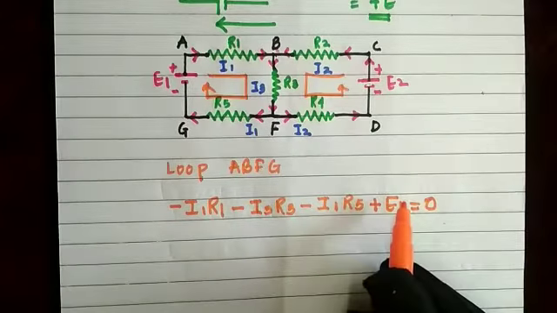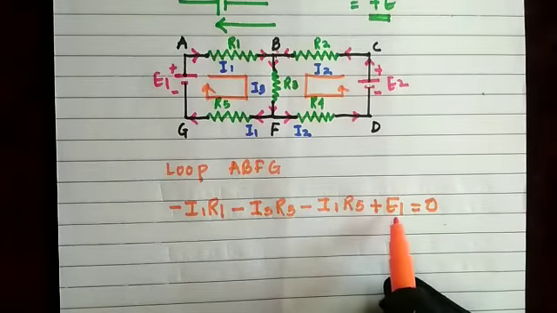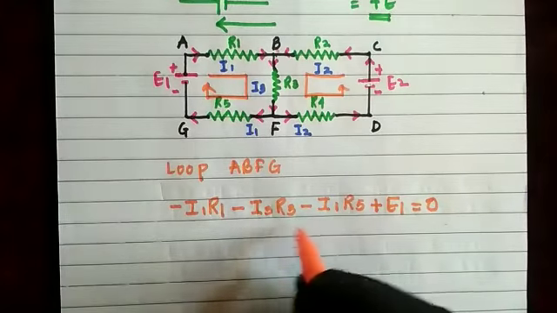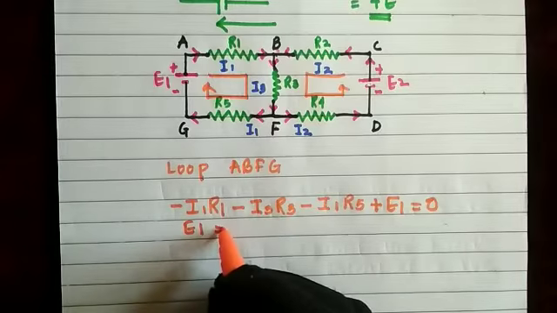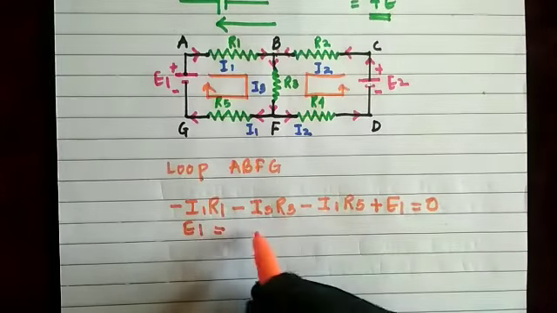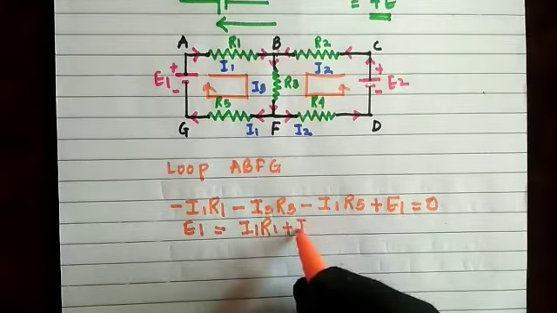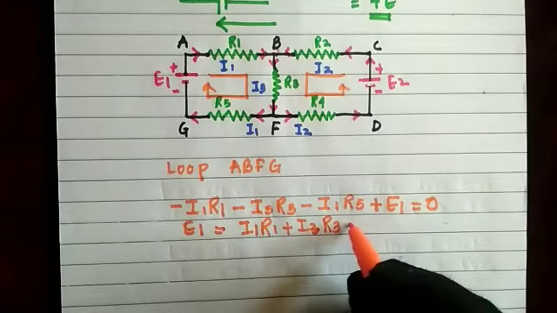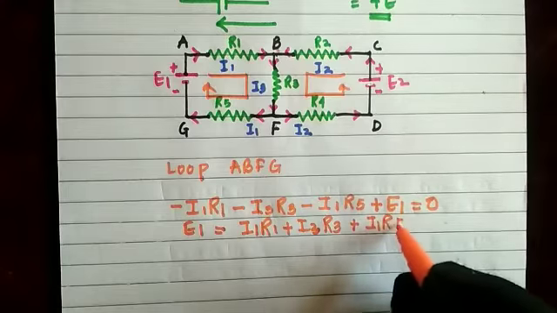That is Kirchhoff's voltage law: summation of IR plus summation of E is equal to 0. So that means E1 is equal to I1 R1 plus I3 R3 plus I1 R5.